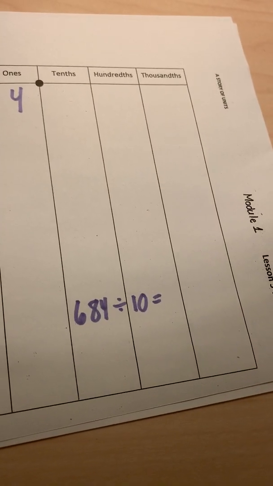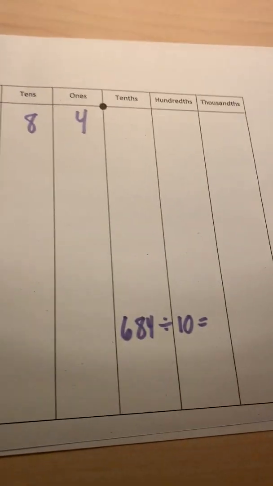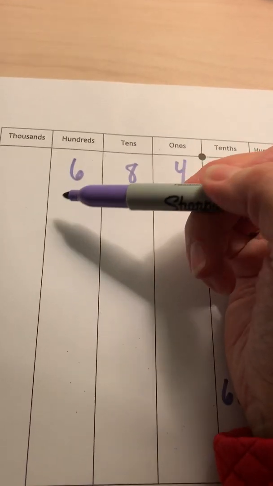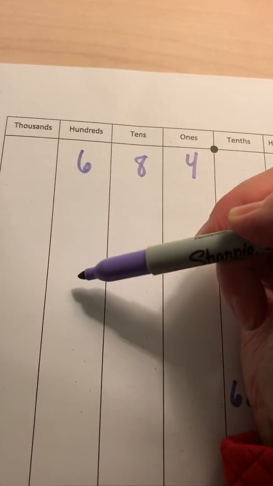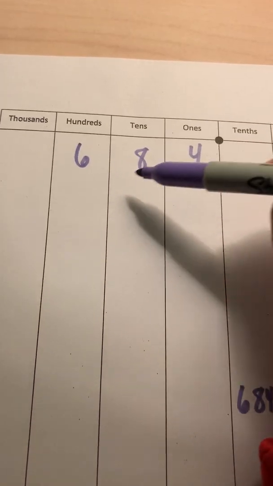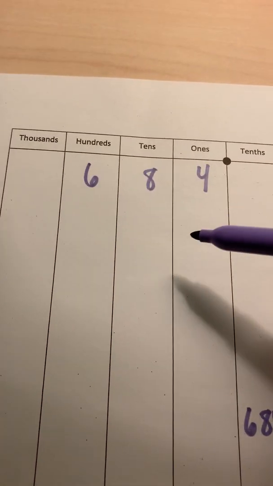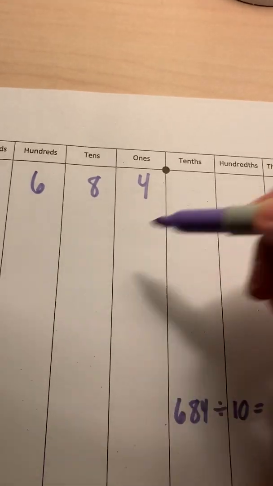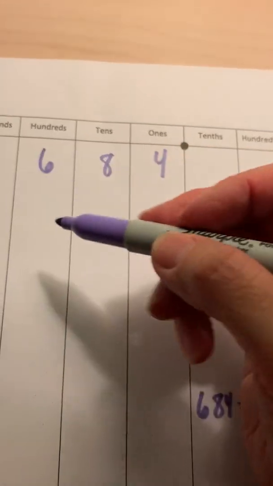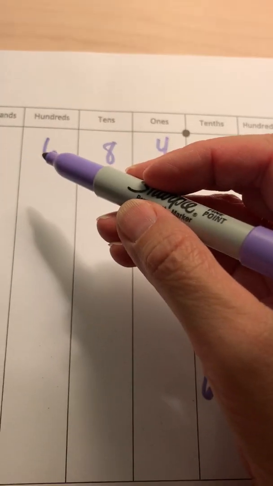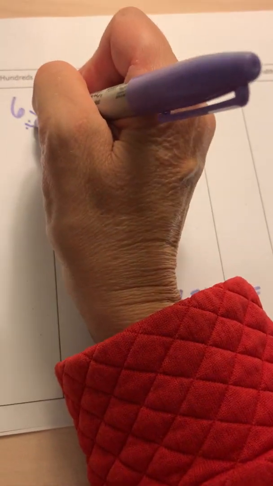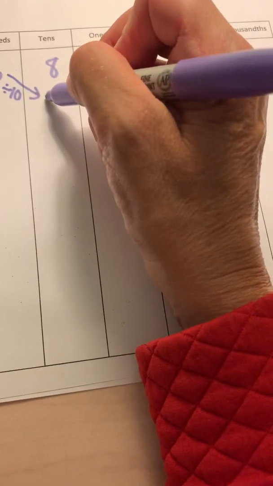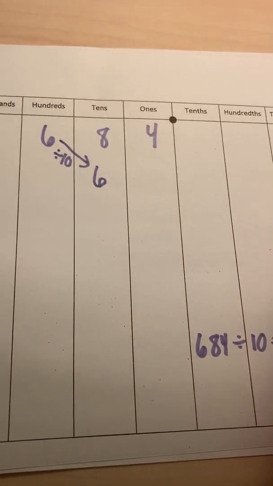When we divide by 10, we move to the right. So in class, we practiced, we would put 6 dots, then we would decompose it to make tens, then we would divide it by 10, and we could do all these dots in our model, but we learned a shortcut. And we said 6 hundreds divided by 10 gives us 6 tens.